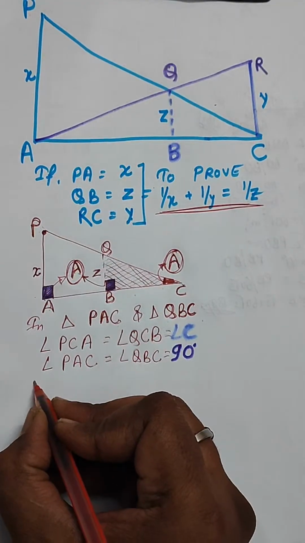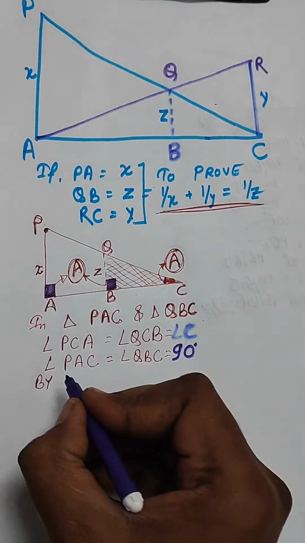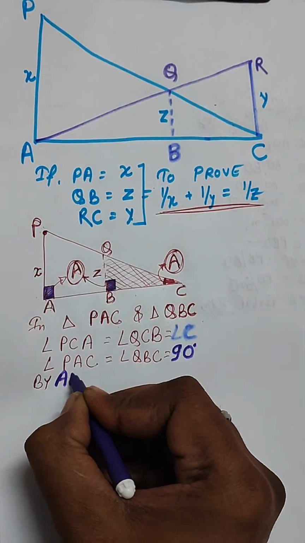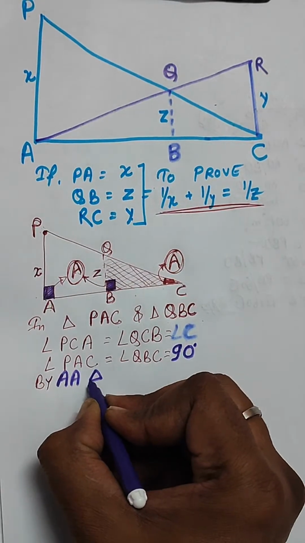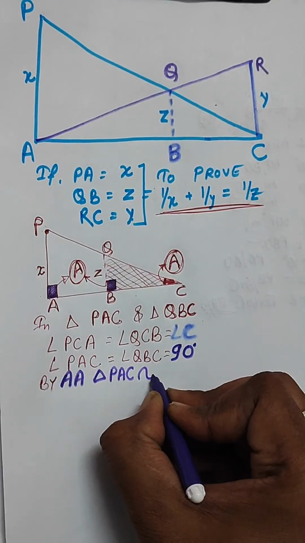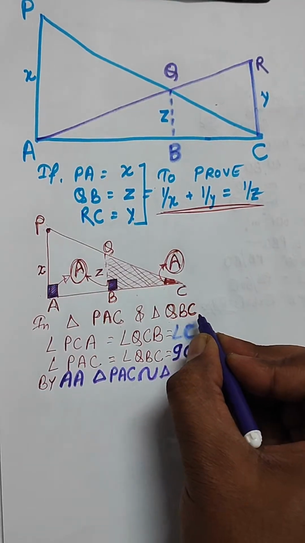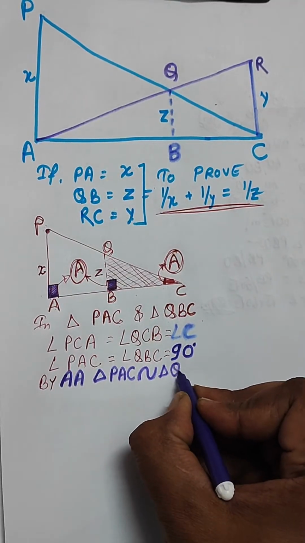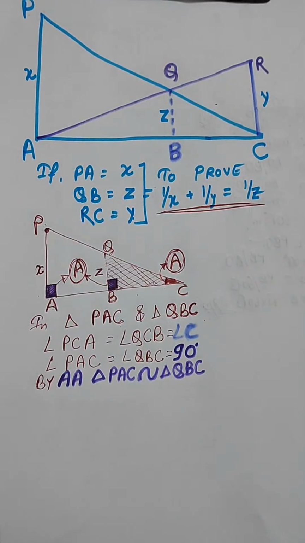So we can say that by angle similarity, triangle PAC is similar to triangle QBC, right?